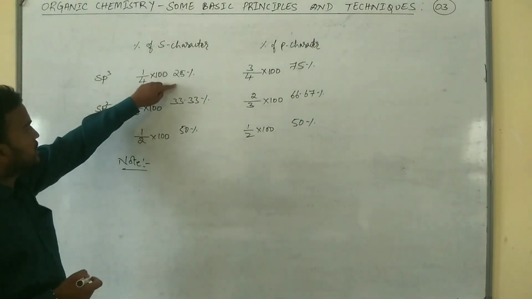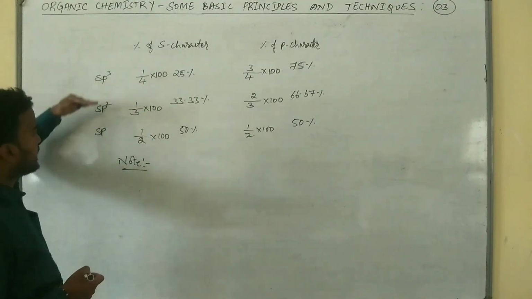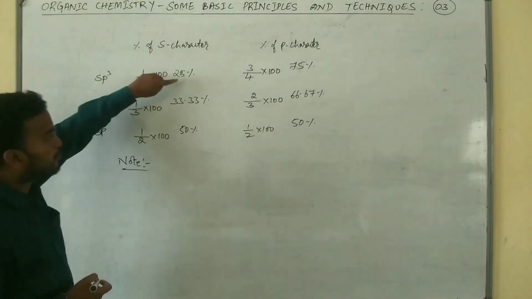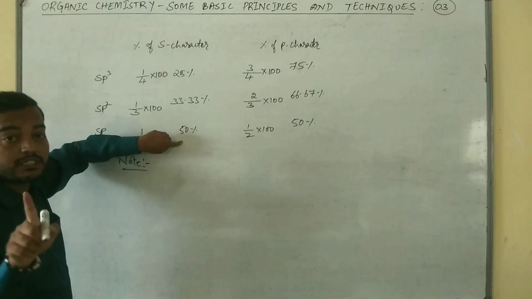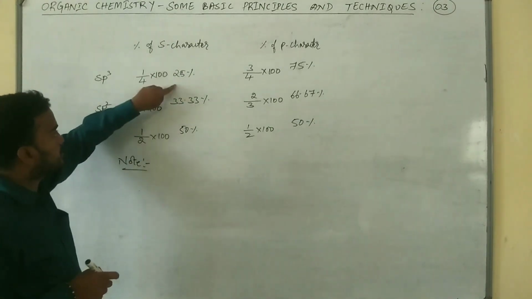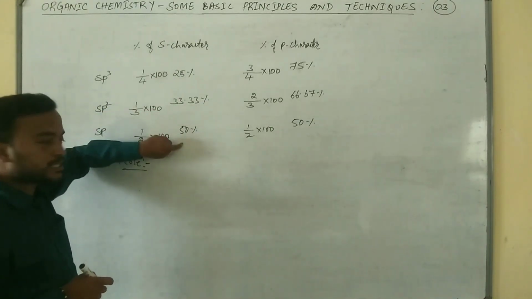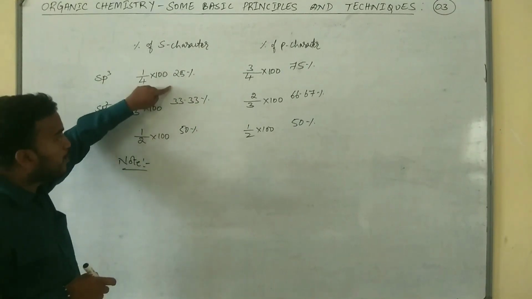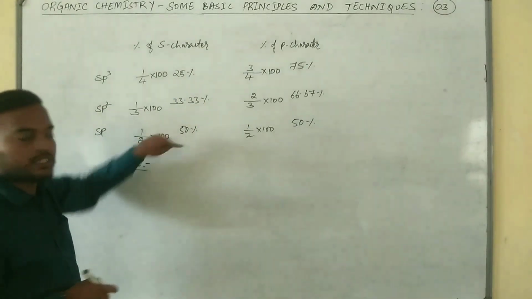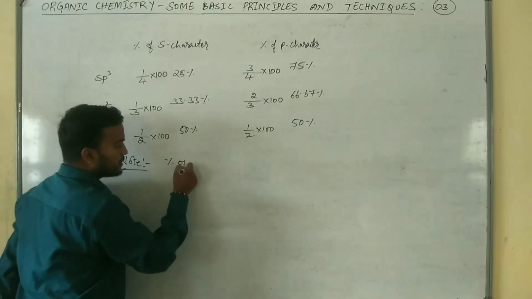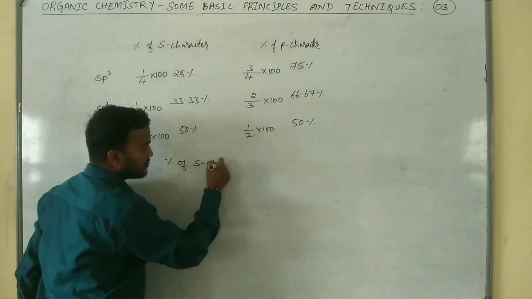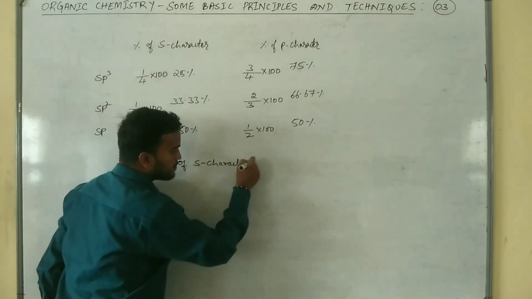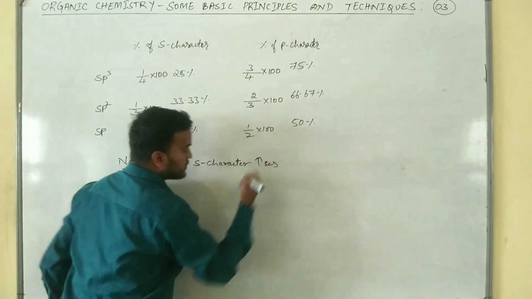In case of sp3, sp2, sp, percentage of S character increases.